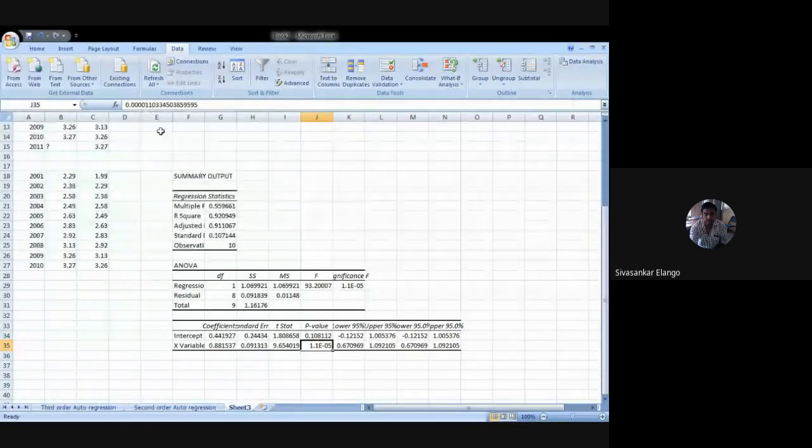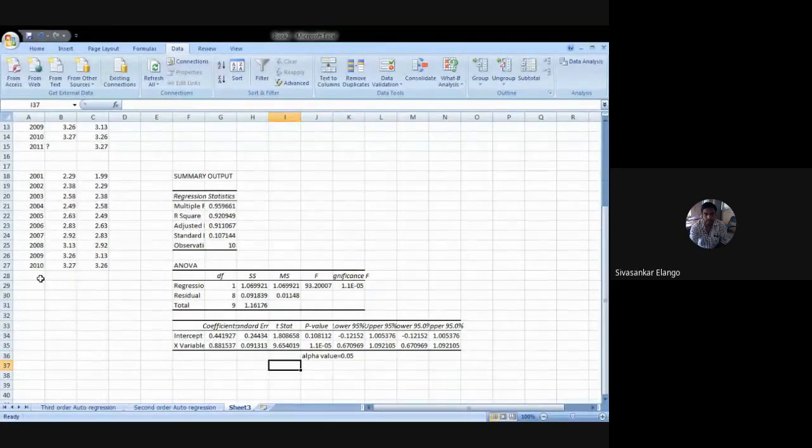So the p value is going to be less than the alpha value 0.05. Now we can assume that we can use this for computing 2011, since the p value, 0.0001, is less than the alpha value 0.05.